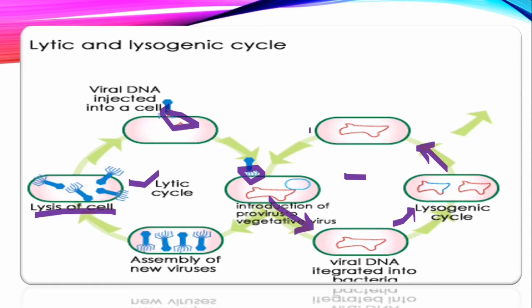At the stage when the cell is ready, the host cell having the viral genome enters from the lysogenic to the lytic cycle and starts the lytic cycle, which is designed to lyse the cell, producing more virus particles having the viral genome.